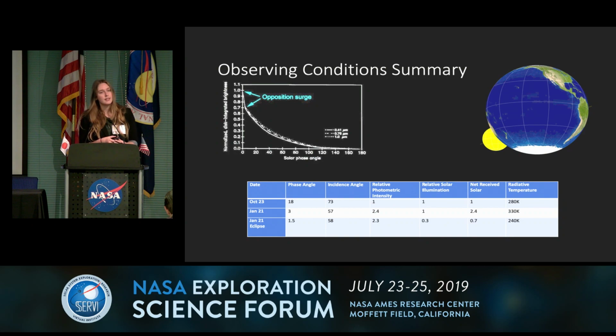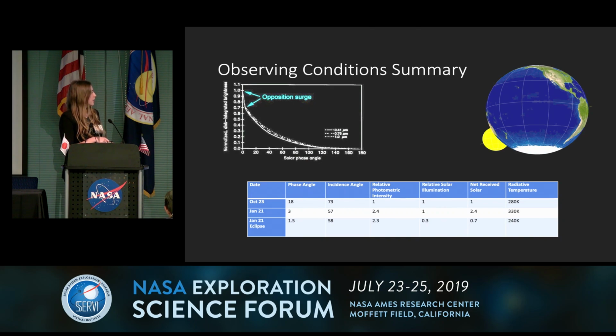So this table sort of sums up all of these observations. We're scaling all of these to our observation at a phase angle of 18 degrees. So that's why here it's 18 degrees, and then our relative illumination and net received solar are at 1, because we're comparing all of these to that observation.